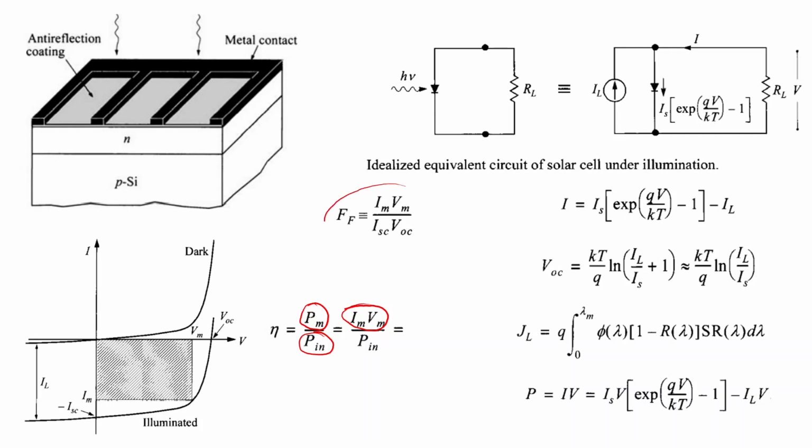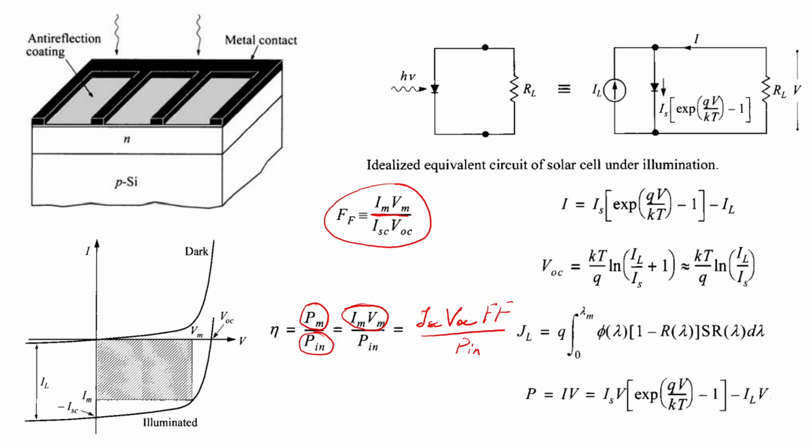But from this equation, we can also express this product as I short circuit times VOC times fill factor divided by P input, the input power.